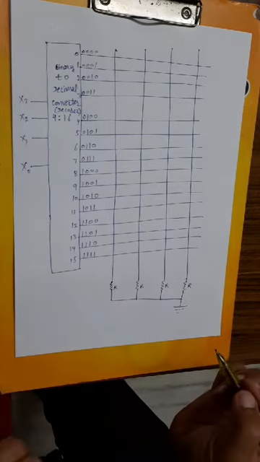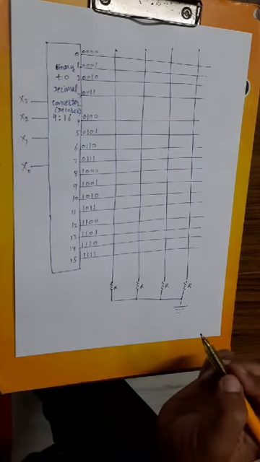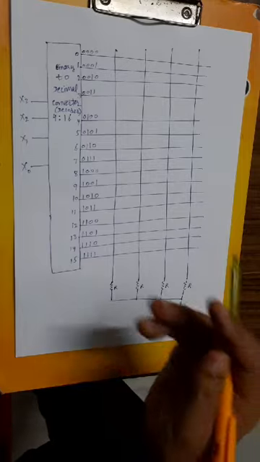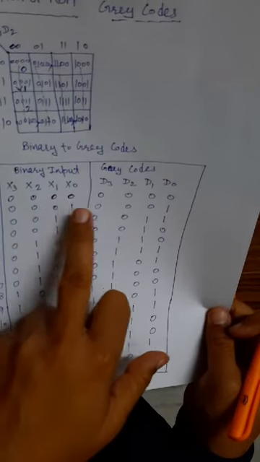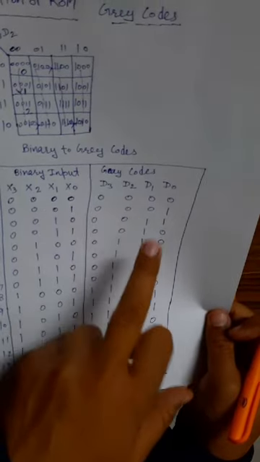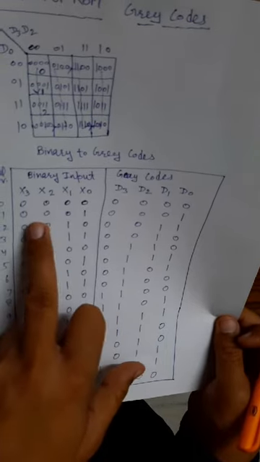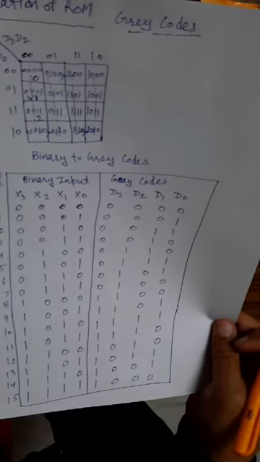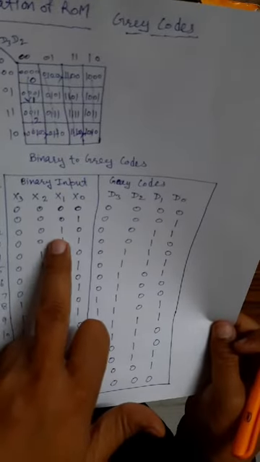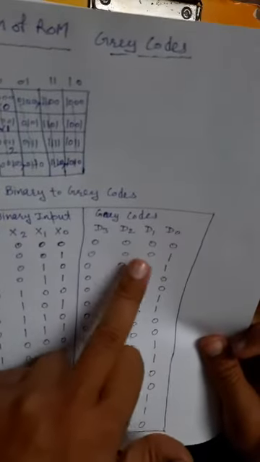Now on the first 0 0 0 0, as in this table, in front of 0 0 0 0, when this line will be active, then gray code should be 0 0 0 0. Then in front of 0 0 0 1, gray code should be 0 0 0 1, and so on.